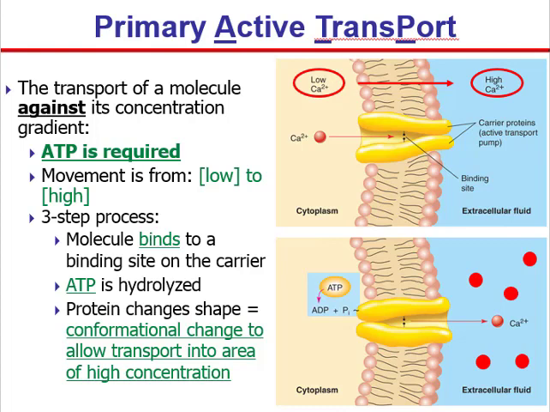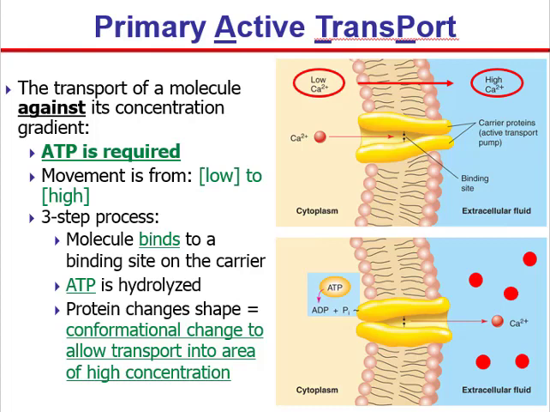So the transport movement in this form is from low concentration on the left, movement towards an area of high concentration on the right. So we see many more red solute molecules on the right, or in the ECF compartment, than we do on the left inside the cell. Moving from low to high is an uphill push, and it requires ATP energy.